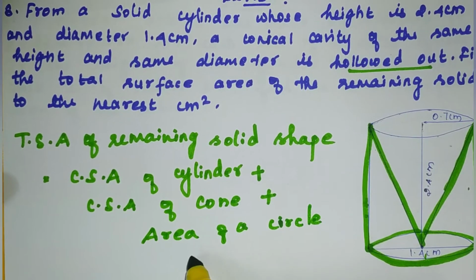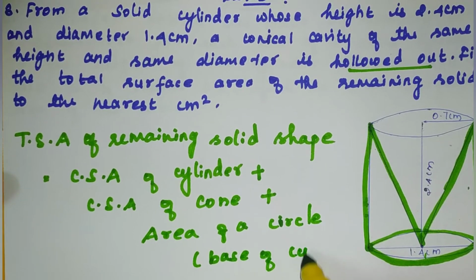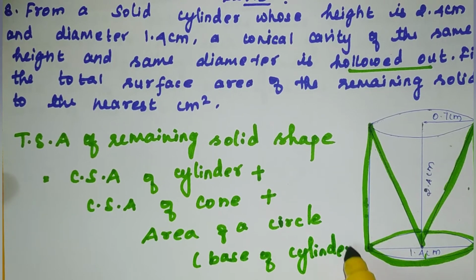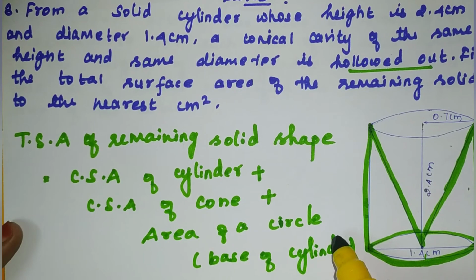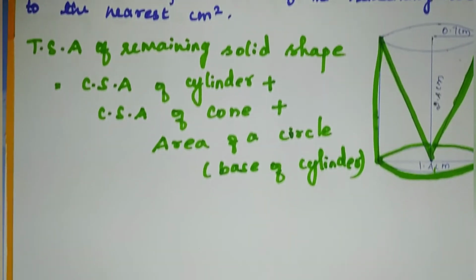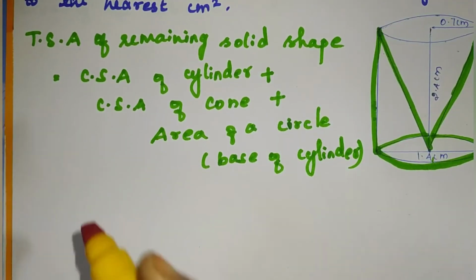Okay. So the base of the cylinder looks like a circle, so we have to add the area of a circle. Clear? So first write the formulas.